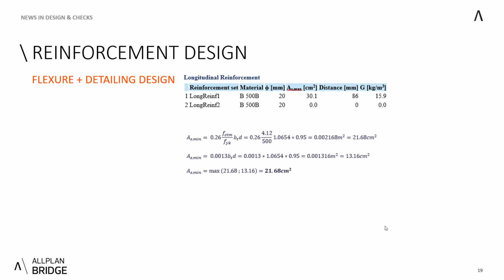At the bottom, you can see the equations or the formulas given by chapter 9.2.1.1 for the minimal tensile reinforcement being applied in the tensile area, and you can see that by the calculation, it tells us we need at least 21.68 centimeters squared, which is the higher of those two equations. But the demand is actually less than from the flexural load-bearing point of view. Therefore, always the highest value is kept. Therefore, from the flexure, 13.1 centimeters.